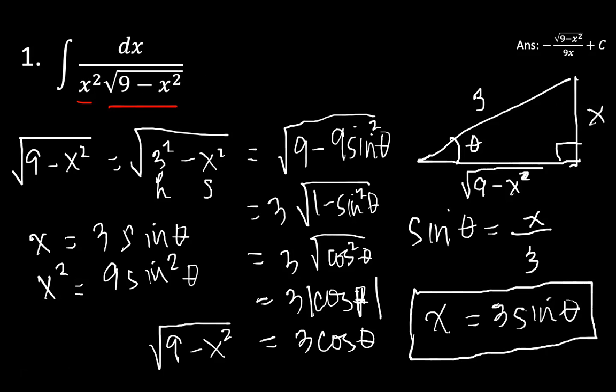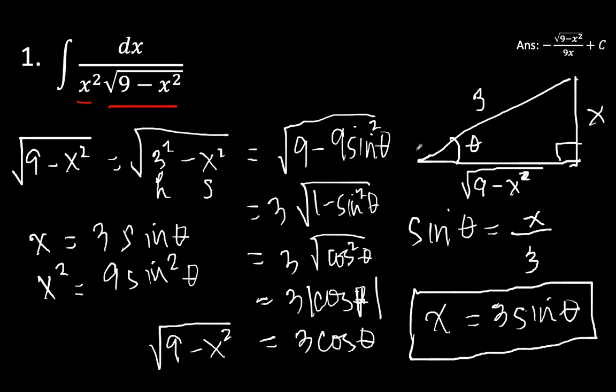We can also use the right triangle that we drew to identify the equivalent expression of this. Now, how do we do that? We know that the square root of 9 minus x squared is one of the sides of the given right triangle, which means we can use a certain trigonometric function to express it.